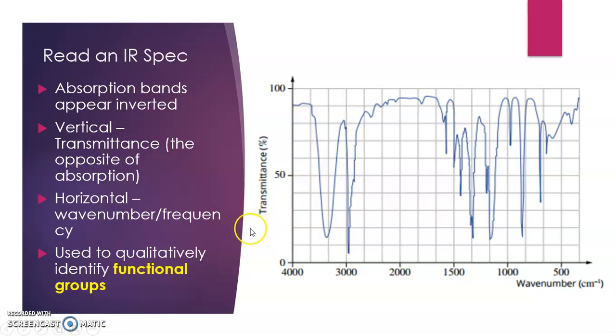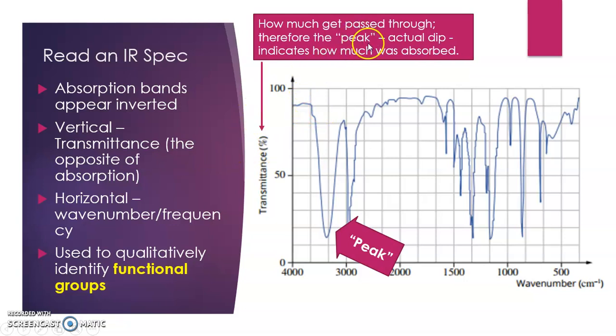Transmittance is the opposite of absorption, because in IR we actually measure how much they absorb. So when we talk about a peak, it's actually a dip. So basically, this is the peak that we're talking about. This is how much energy was absorbed by a particular bond.